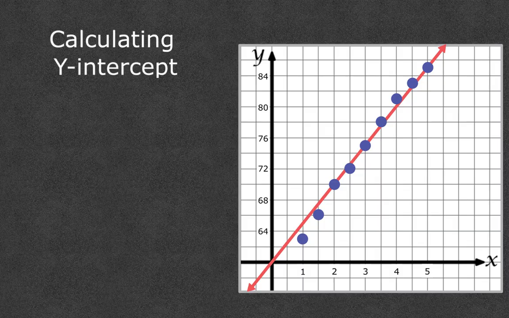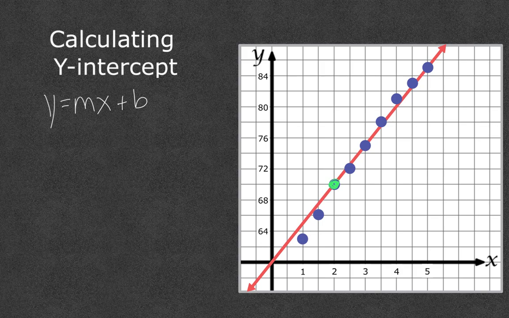Now that I have my slope, I have the information I need to calculate my y-intercept and find my full equation. Going back to that linear equation, y equals mx plus b, I can start plugging in my values. So I'm going to choose a point from my line. Let's go with this point right here, which is (2, 70).